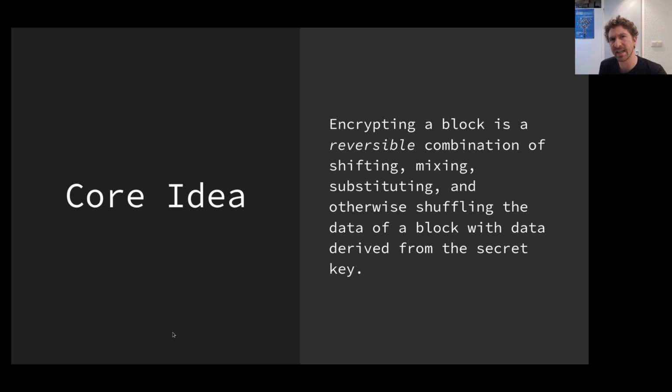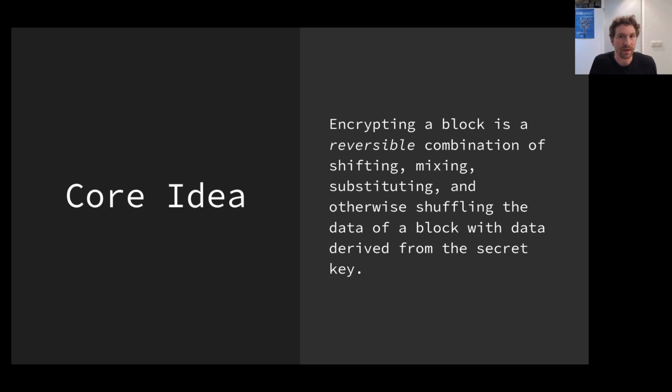The core idea here, if you sum up AES into one sentence, is that encrypting a block is really just a reversible combination of shifting, mixing, substituting, and otherwise shuffling data around in a block with some data derived from your secret key. So you're just doing a bunch of relatively simple operations that are all reversible in some way.